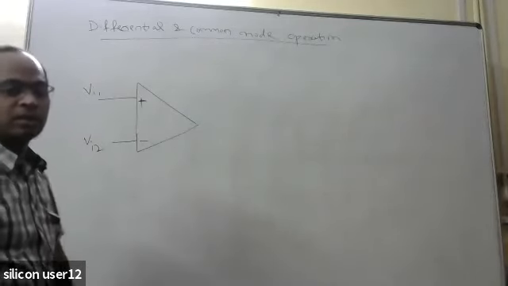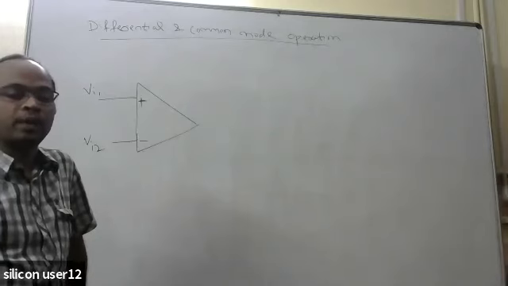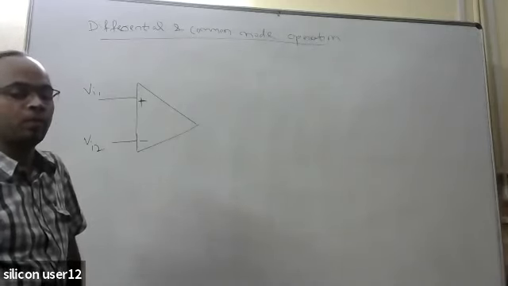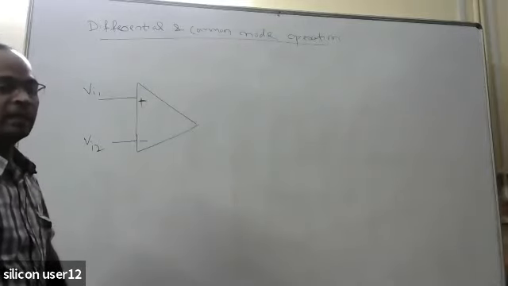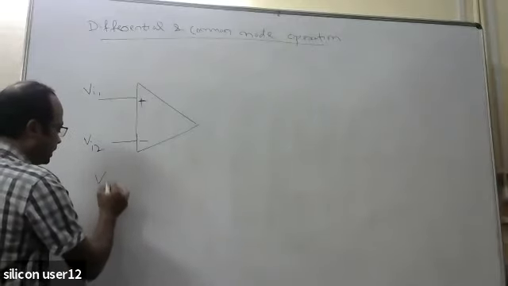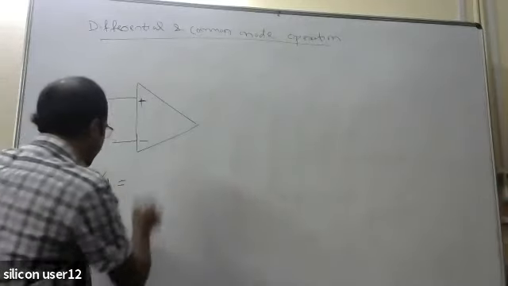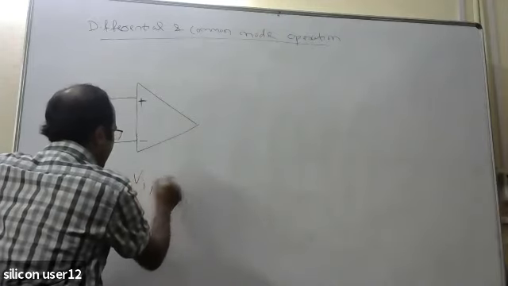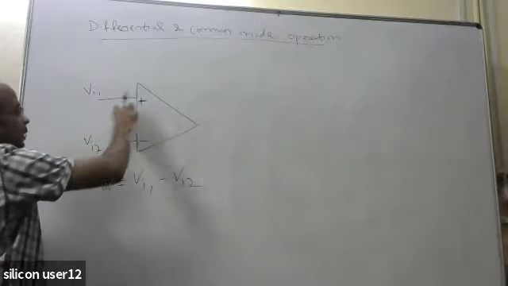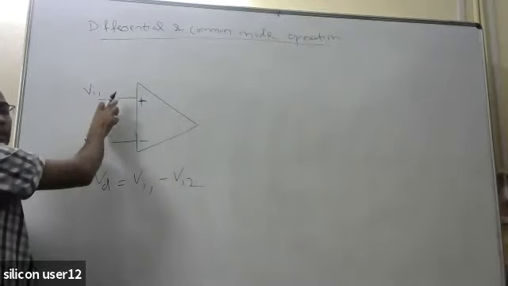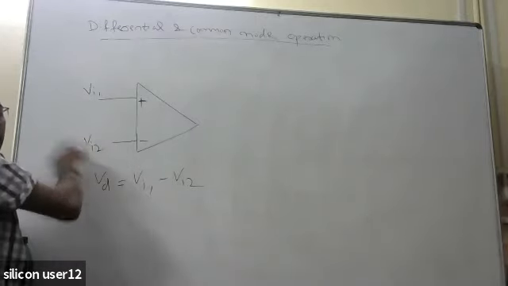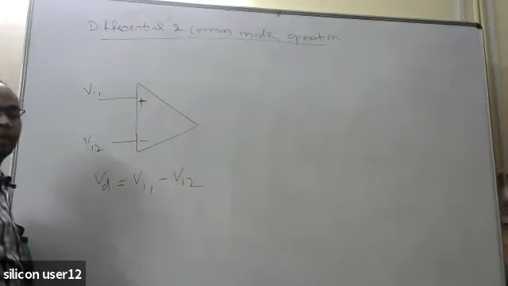So if Vi1 and Vi2 are given to the plus and minus terminals of an op amp, the differential component Vd is the difference between them, Vi1 minus Vi2. Obviously, the differential component we are applying between the plus and minus terminals is the difference between this signal and this signal.